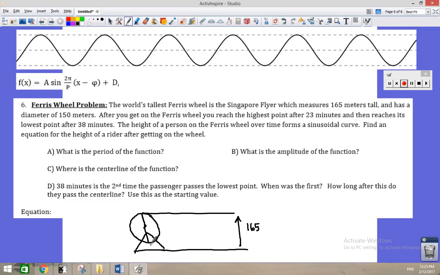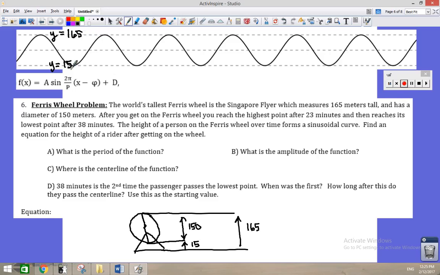The diameter is 150 meters, so that means the minimum point is going to be 15, because 15 plus the diameter of 150 is 165. So my maximum value is y equals 165 meters. My minimum value is y equals 15 meters.